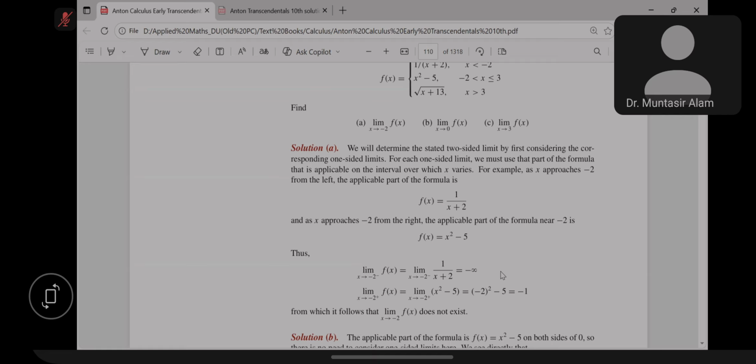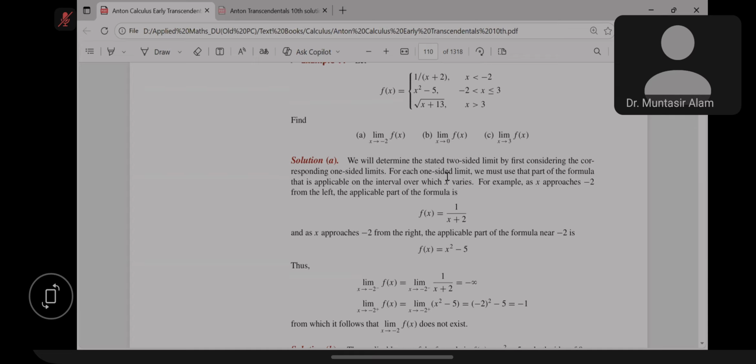Now if we take the right hand limit, which function value should we use? The middle one, right? x square minus 5. This is a polynomial function. So according to the theorem, whenever we deal with a polynomial function, the limiting value should be equal to the function value.